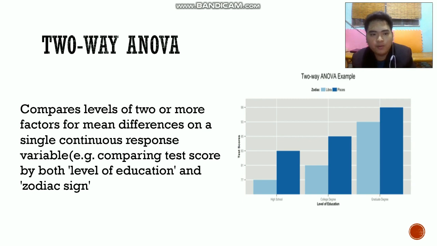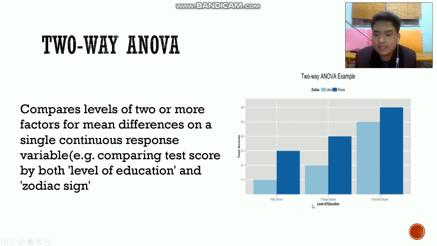Next type of ANOVA, we have the two-way ANOVA. Two-way ANOVA compares levels of two or more factors for mean differences on a single continuous response variable. An example of two-way ANOVA is comparing test score by both level of education and zodiac sign. Here in our example, you have the illustration or a graph of a two-way ANOVA.